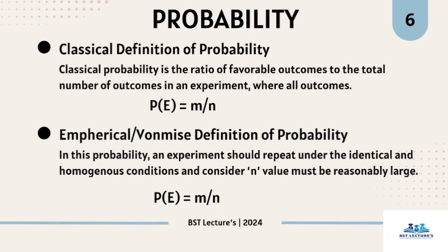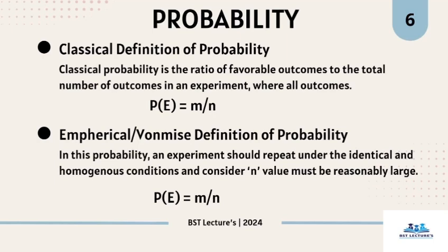The test must be conducted in identical conditions and the number of trials must be large. Suppose a test is conducted in different, non-identical conditions, then the result might be different. So in this definition of probability, the test must be done in identical conditions.